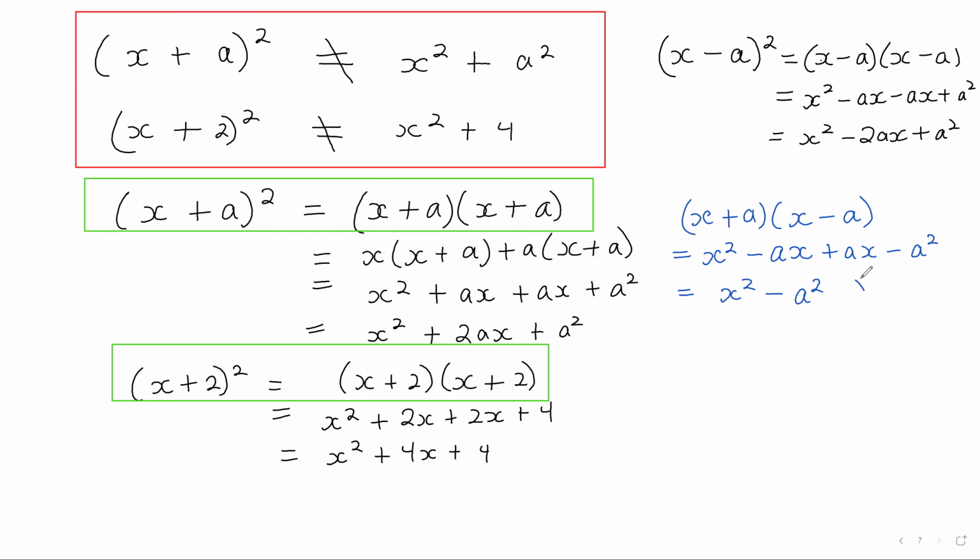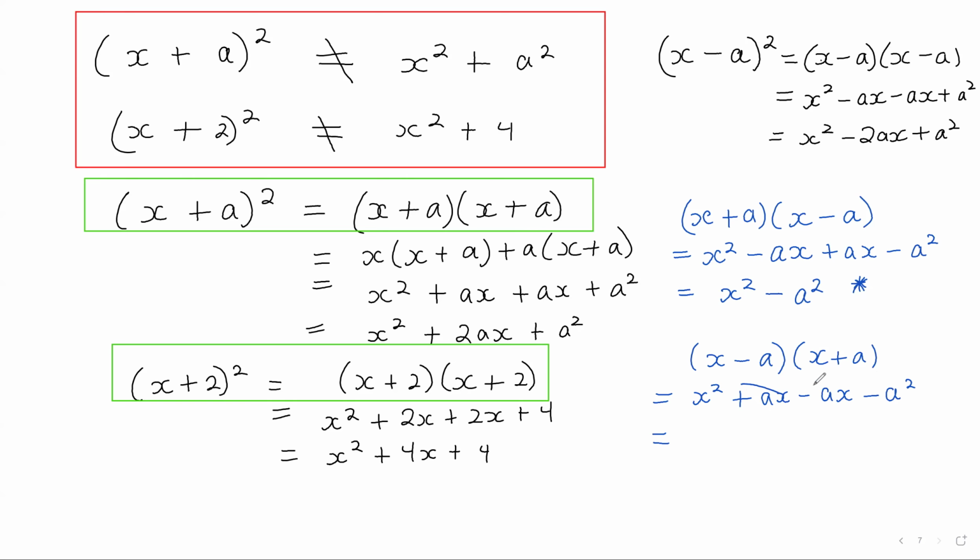So this is something that you're going to see me bring up in the future. It's called a difference of squares. All right. And similarly, if you had the first bracket as the minus, so x minus a by x plus a, still going to give you x squared minus a squared. Look, x times x is x squared. x times a is ax, minus a times x is minus ax, and minus a times a is minus a squared.